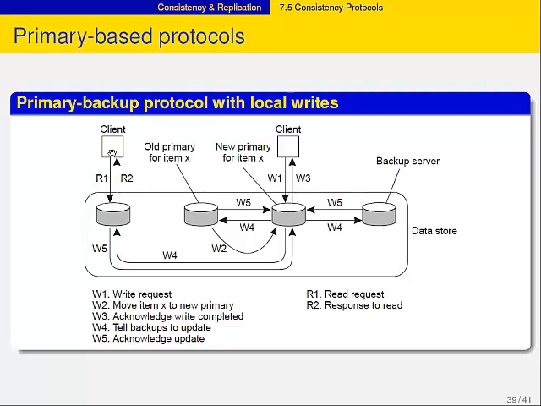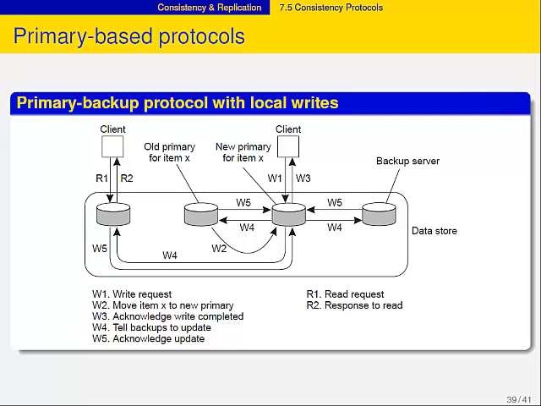Okay, now let's have two writes, two writers. So this client over here can in principle also be a writer. Then what? He may not have the latest update, because both of them will get the information from the primary server, and then maybe one of them updates with the primary server before the second one.